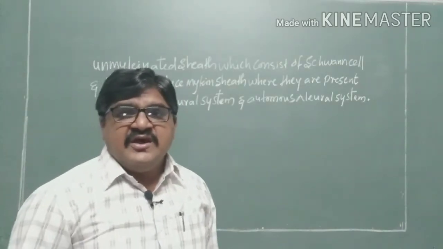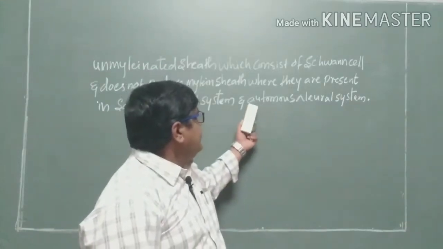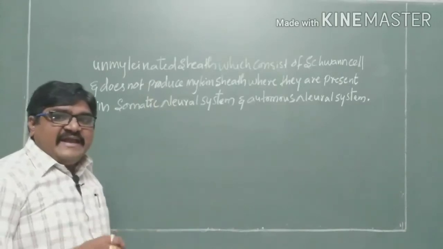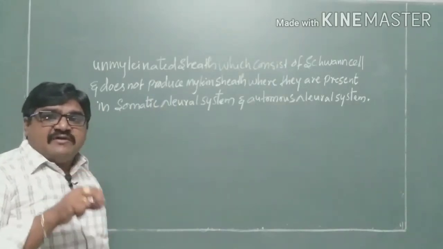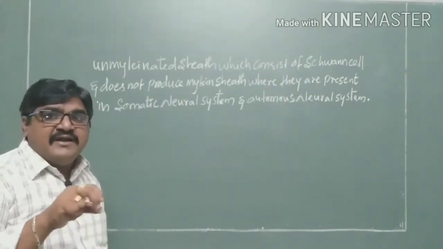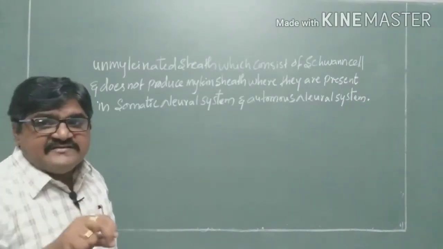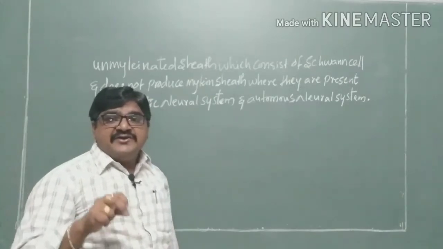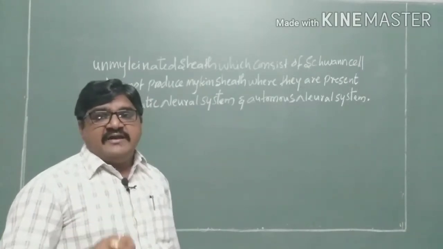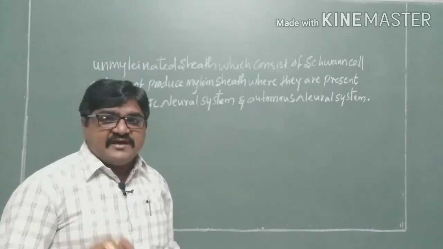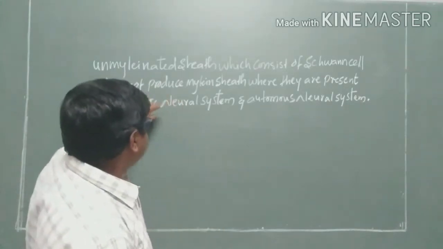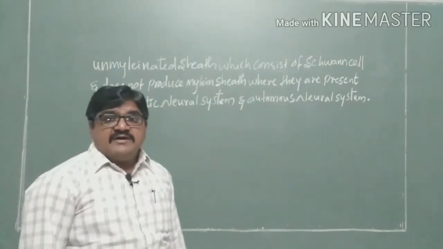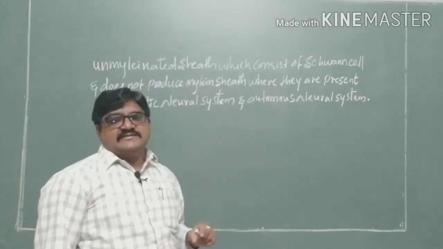In these systems, the myelinated sheaths are not present, but they contain the Schwann cell, which cannot produce the myelin sheath. That is the absence of the myelin sheath, and they are present in the somatic neural system as well as the autonomous nervous system.